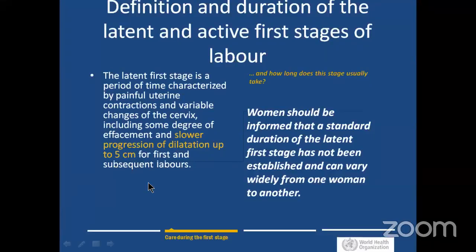So what it means to say is, don't try to see the progress of labor before 5 centimeters. Let that be the latent phase. Of course, monitor your lady, but you should not start plotting a graph. And women should be encouraged to understand that they have a choice, that yes, they can wait. And this latent phase of labor will be varying widely from one woman to another.